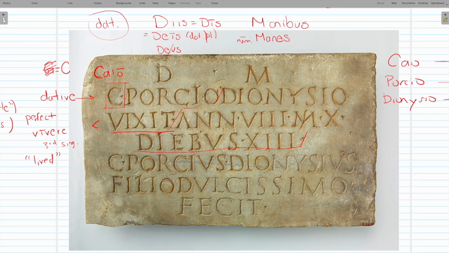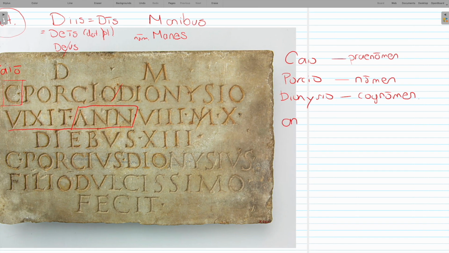And it's probably the most complicated part of the plaque, because there are some abbreviations here. The first one is this AN. This is abbreviated, and this AN is an abbreviation for annis. That is, how many years?